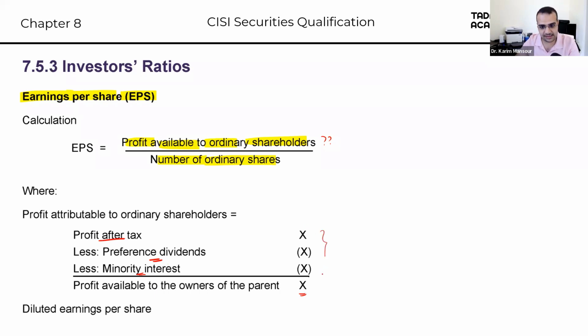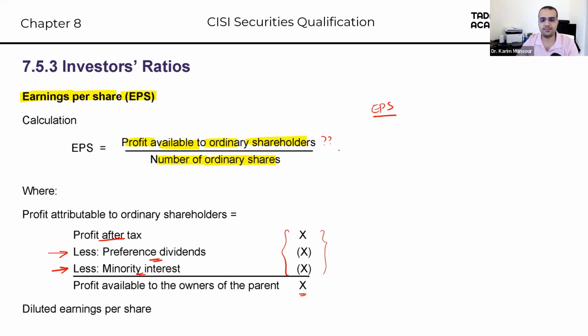CISI might ask you, which of the following is taken into consideration when calculating the profit for ordinary shareholders? You need to keep in mind that you remove, because this is a commitment, the preference dividends, and of course the minority interest, you have to take them into consideration because not everything is for you. Now, most companies can show you the earnings per share.